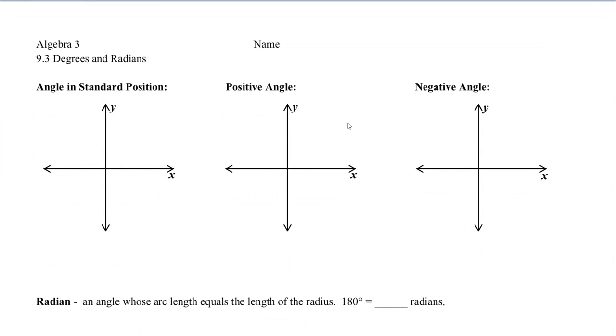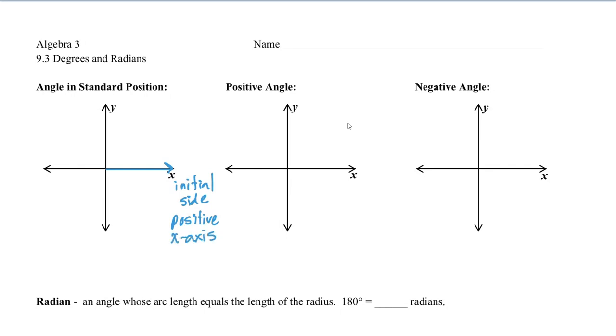So we have different angles in standard position. When we talk about the standard position of an angle, the first side, which we call the initial side, is always going to be on this positive x-axis here. So we call this the initial side. And again, it is always the positive x-axis.